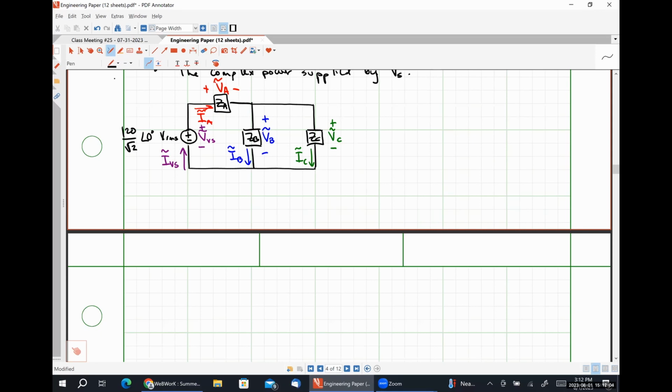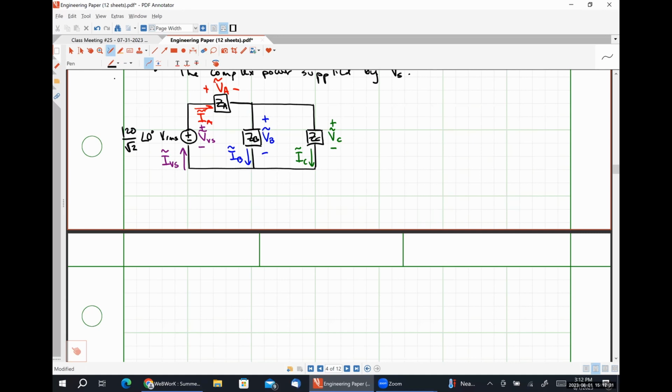Sorry, let me finish writing this. Okay. I've had success in the past getting ZEQ, and then essentially solving for IA, and then that gets me VA, and then I would do voltage division to get IB and IC, and then solve for VB and VC. That's my overall strategy.